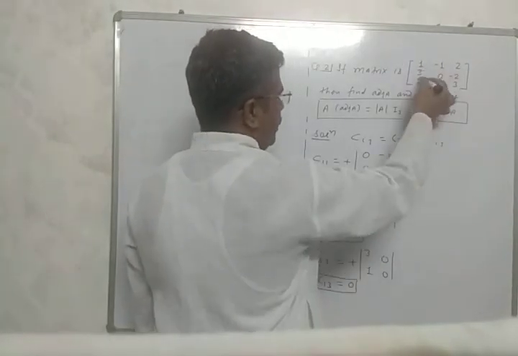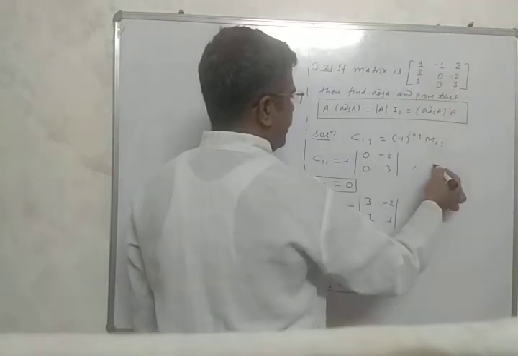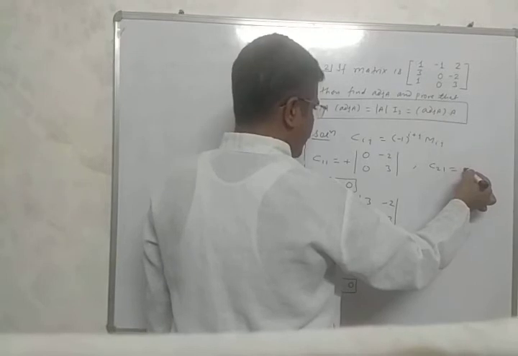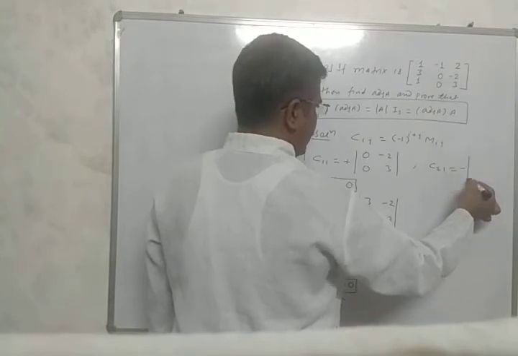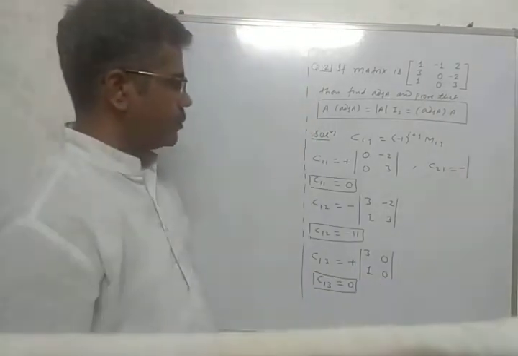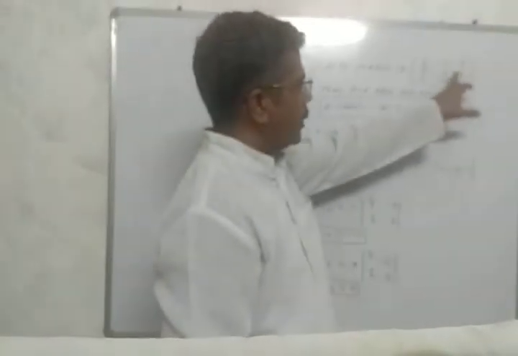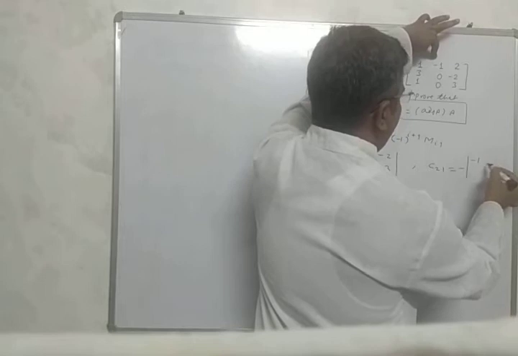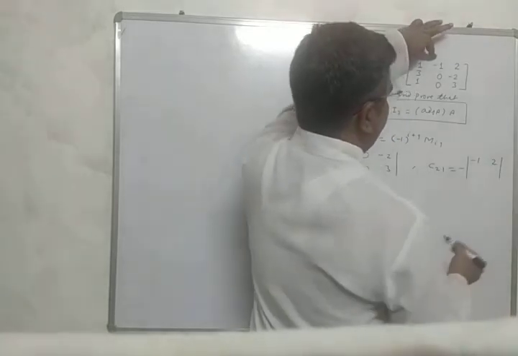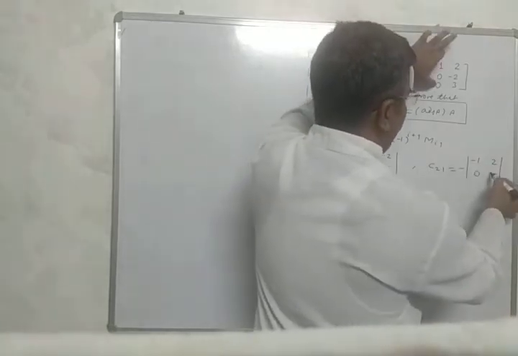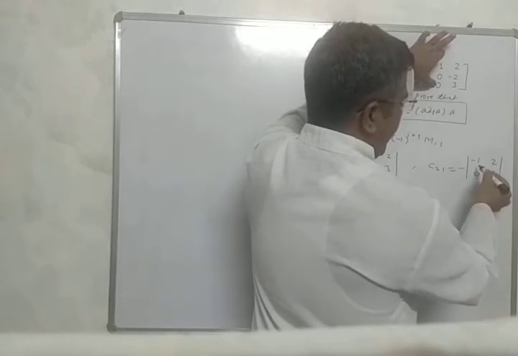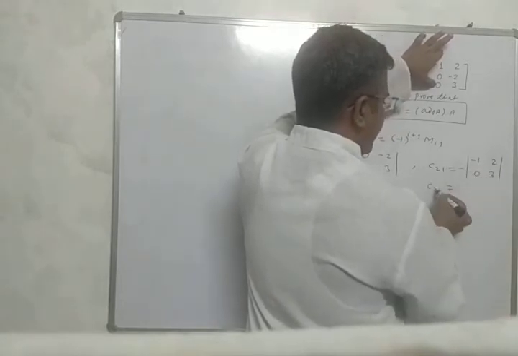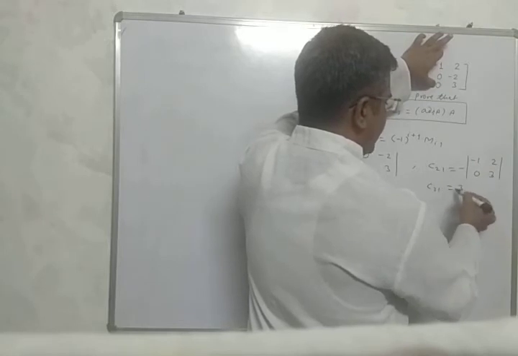Next we find the cofactor of this element, C21, minus. This row and this column are deleted. We have minus 1, 2, 0 and 3. Minus 3, so we write minus minus plus, C21 is 3.